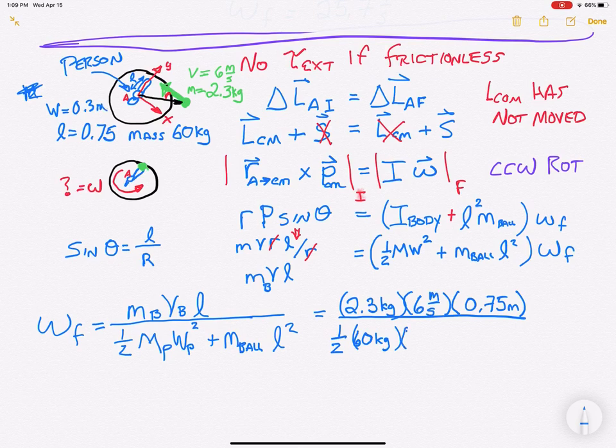So the width of the person is 0.3 meters squared plus the mass of the ball, 2.3 kilograms. Its velocity, 6 meters per second. And its distance from the center of rotation, which is just L squared, which is 0.75 squared. And that's meters.